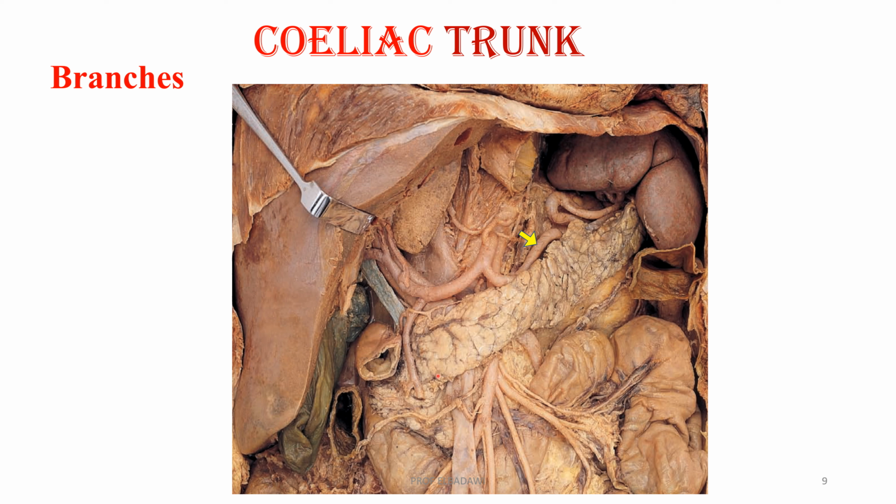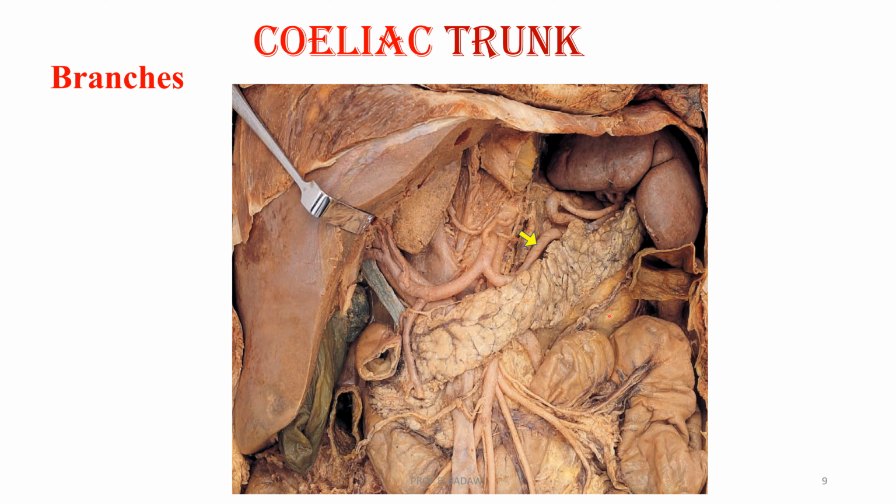The second branch is the splenic artery, which you can see here. It is a large branch, tortuous in its course, lying along the upper border of the pancreas, behind the lesser sac. Then it will cross in front of the left suprarenal gland and the upper end of the left kidney.